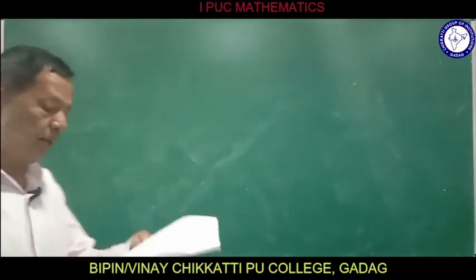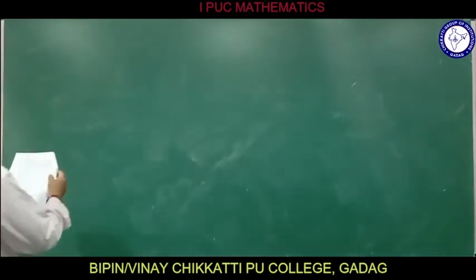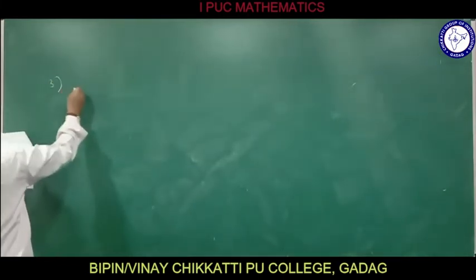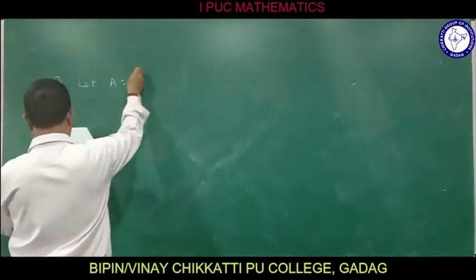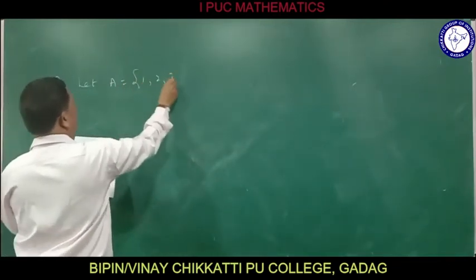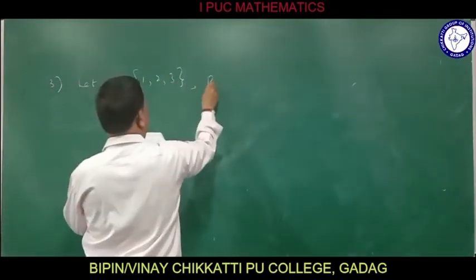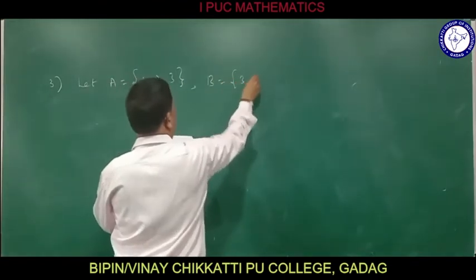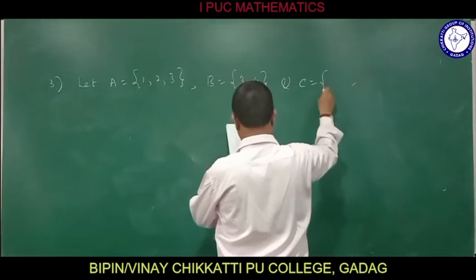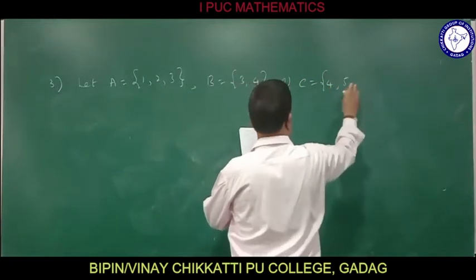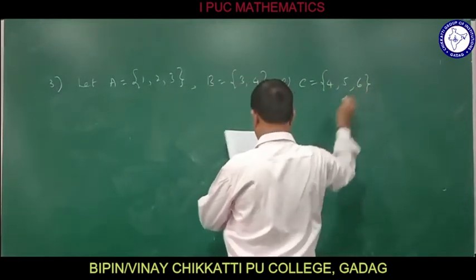Now I am going to see the third problem. Let A equal {1, 2, 3}, B equal {3, 4}, and C equal {4, 5, 6}.